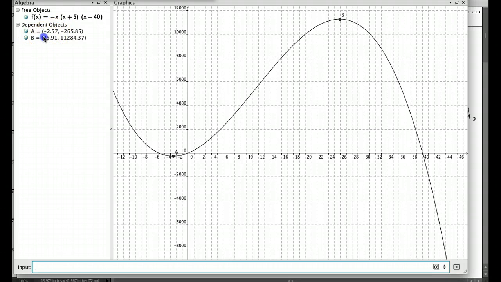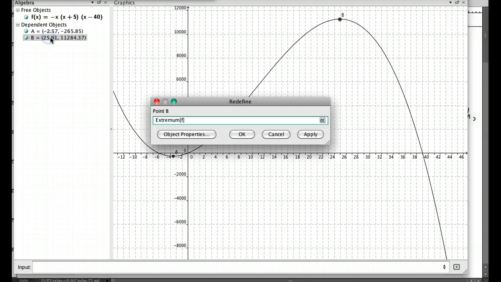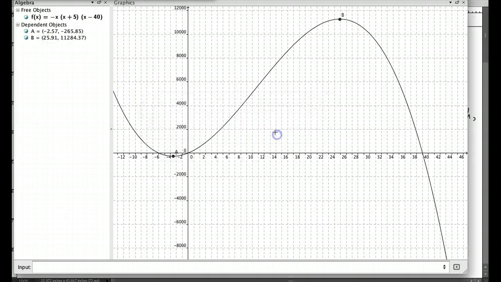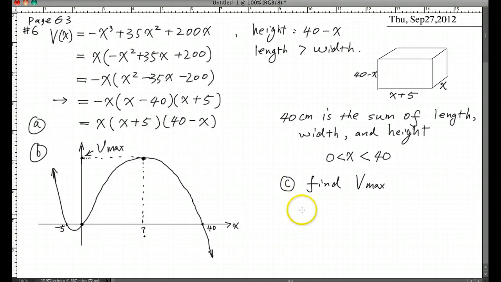For the B, the number here is 25.91. That's x, which should be the width. And then this big number, 11284.37, is going to be the maximum volume.